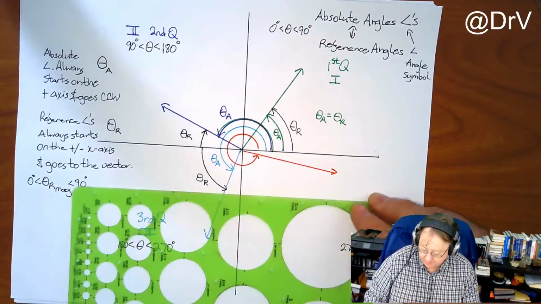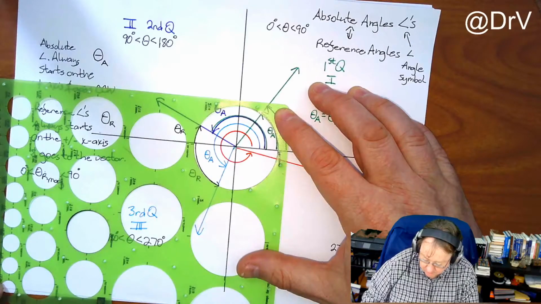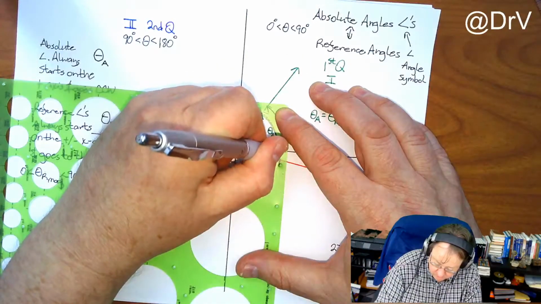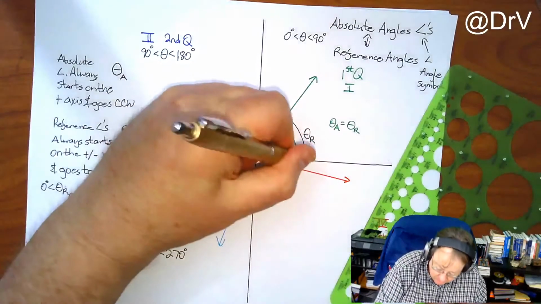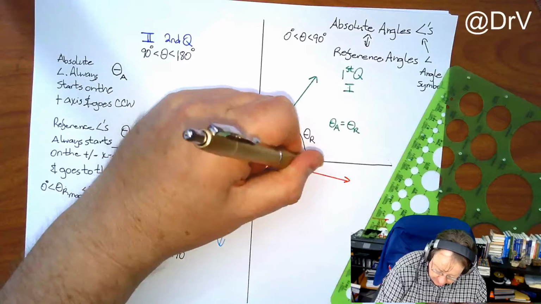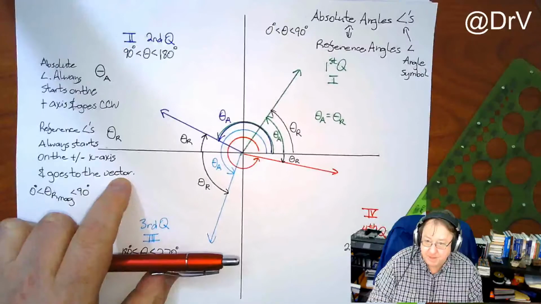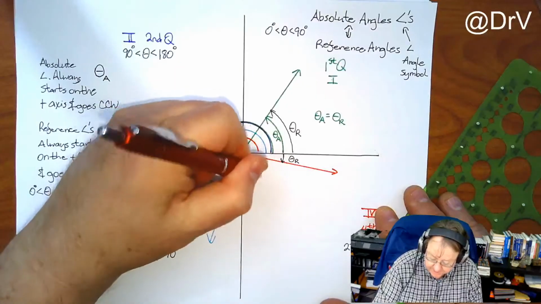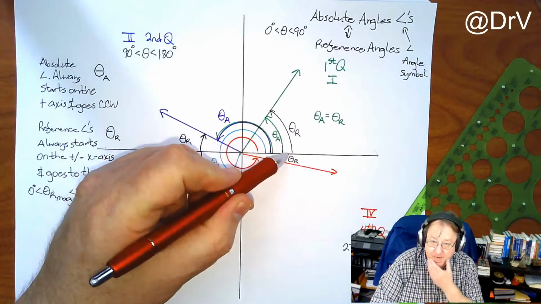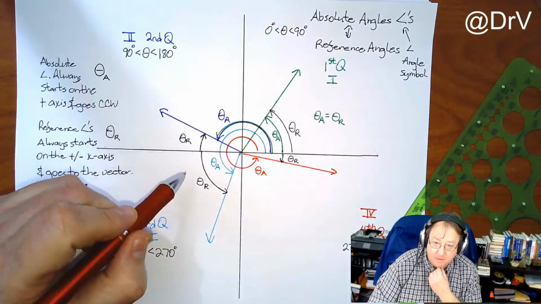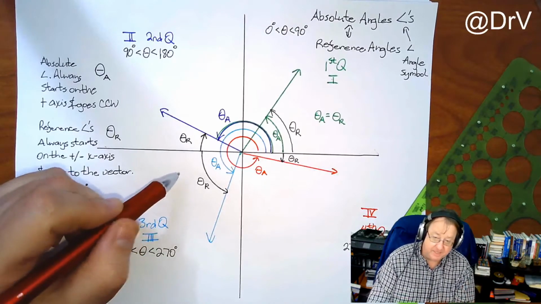And then for your fourth, it's this. So one of the things that you notice in every single case, that theta R either goes up or down from either the positive x-axis or negative x-axis.